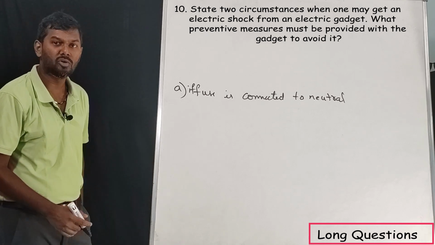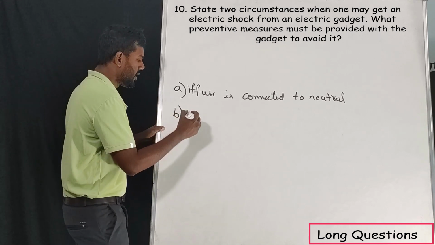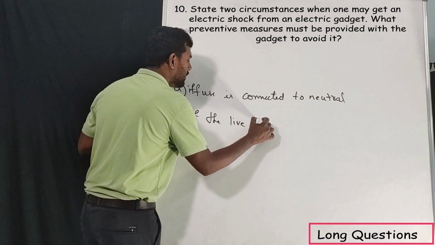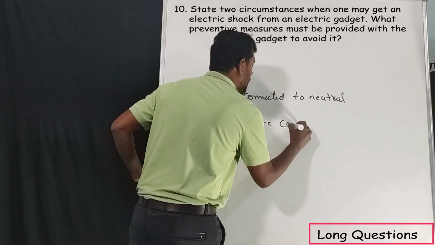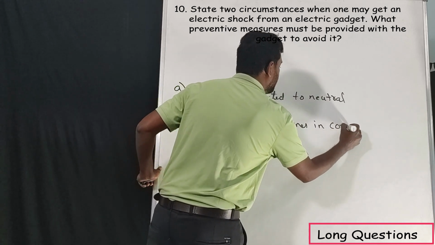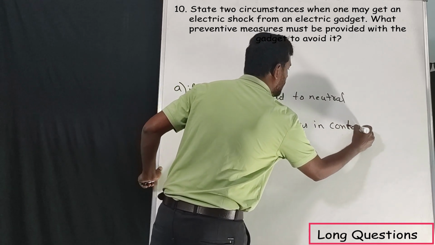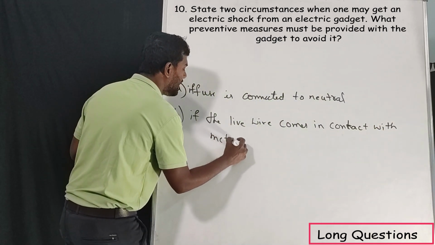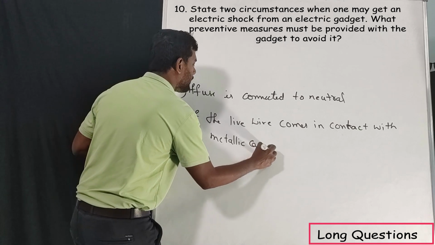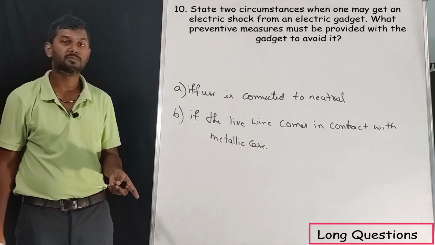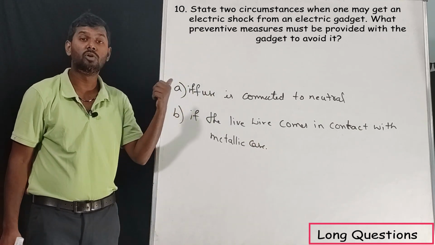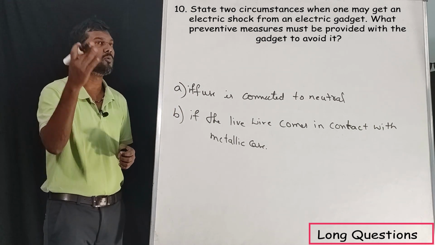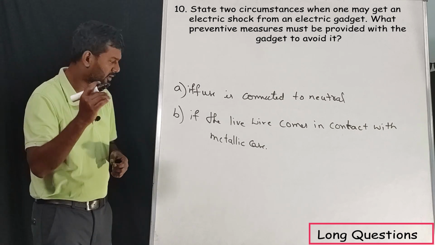Second, if the live wire comes in contact with the metallic case. These are the 2 circumstances which are going to give us shock. Then they are asking what preventive measures must be provided with the gadget to avoid it. Very simple answer.